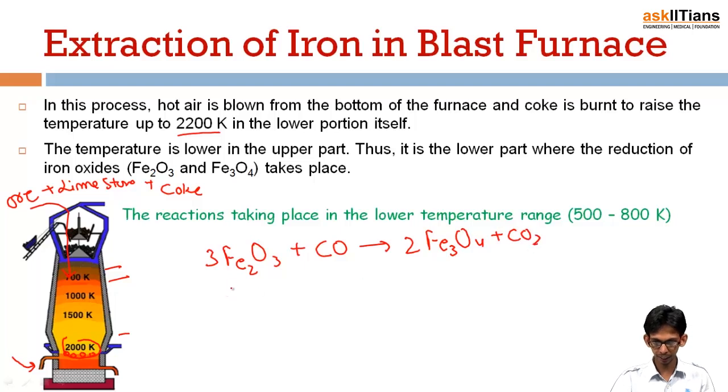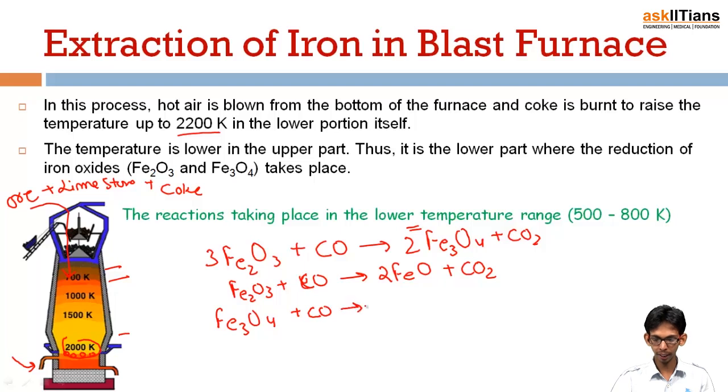There is another reaction, in which the same Fe2O3 reacts with carbon monoxide to form FeO and carbon dioxide. There is another reaction in this region, in which the Fe3O4 which was formed reacts with carbon monoxide again to form FeO and CO2.